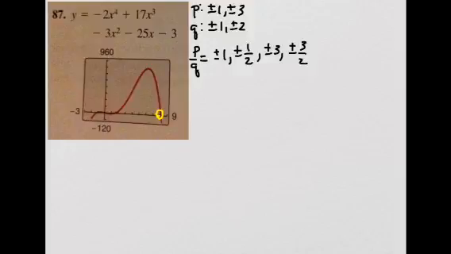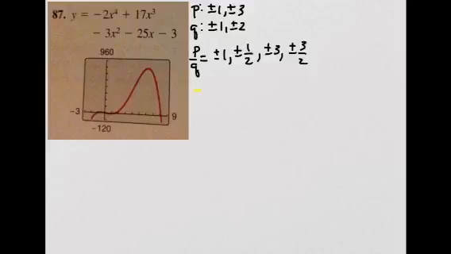So let me erase that. Okay, so it looks like from the graph that it could possibly be, I was trying to see if we could zoom in, but it could be -1 that it crosses through and +1. I'll try and see if those work. So I'll try -1.